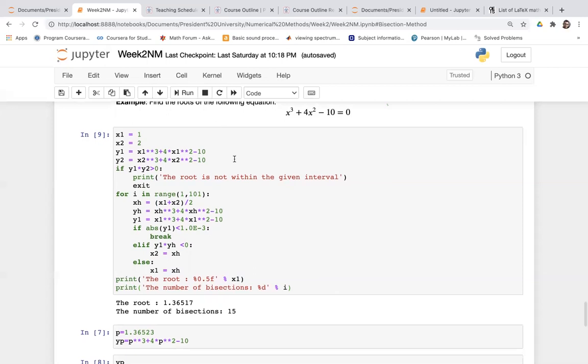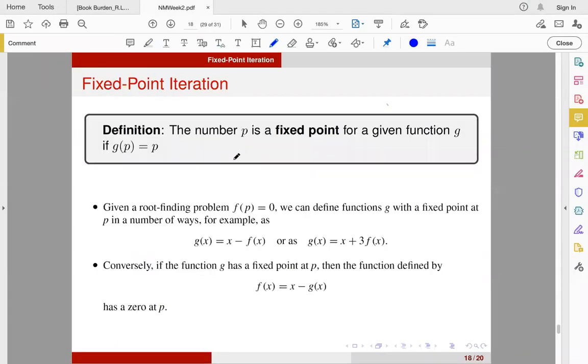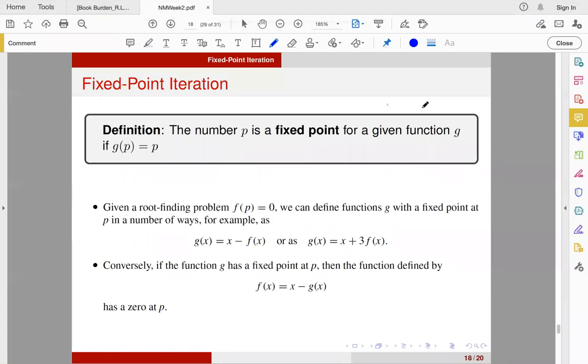Okay, let's continue to the fixed point iteration. So this is the definition of fixed point.